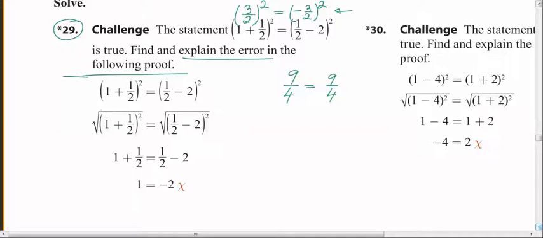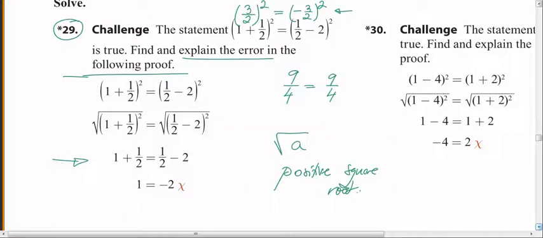Now, what's happening here? Why is this proof not okay? Well, let's see. First of all, before they're squaring each one of the sides, they're just taking the square roots of them, and they're coming up with 1 plus 1/2 equals 1/2 minus 2. But remember, the definition of the square root of a number a is telling you to find the positive square root, right?